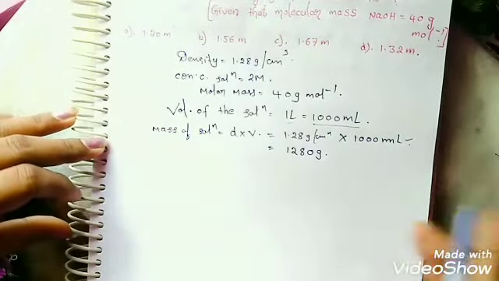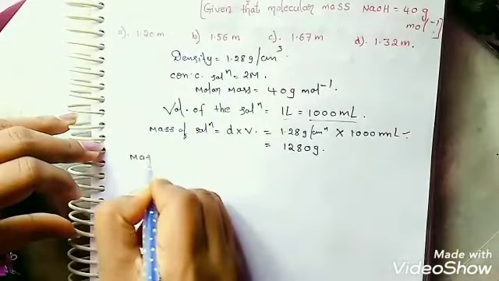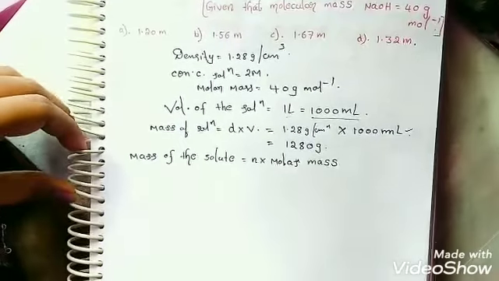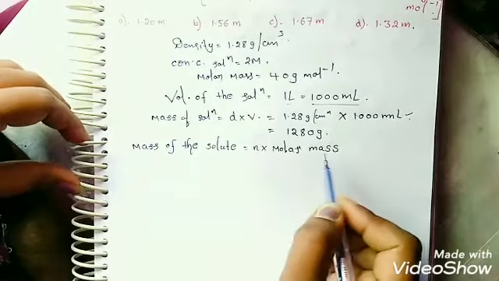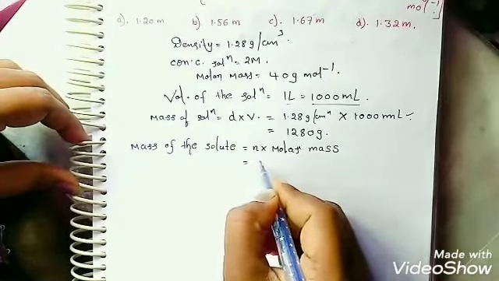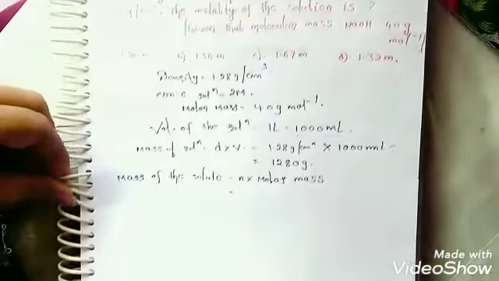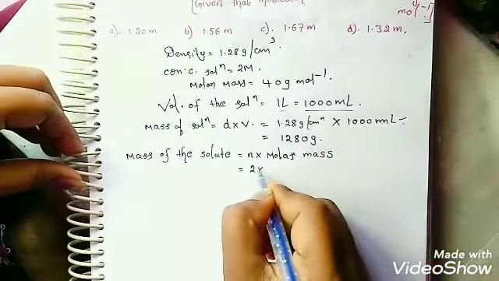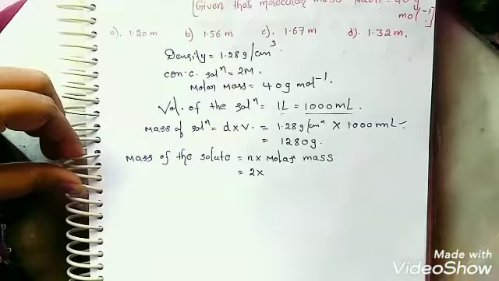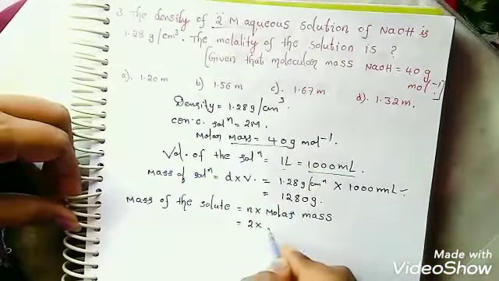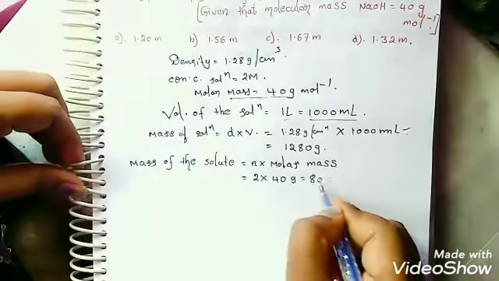Then let us see the formula for the mass of the solute. The formula is mass of the solute equals n into the molar mass. Here n is the number of moles, which they have given in the question, that is 2 moles. So 2 into the molar mass, which is 40 grams, that is 80 grams.